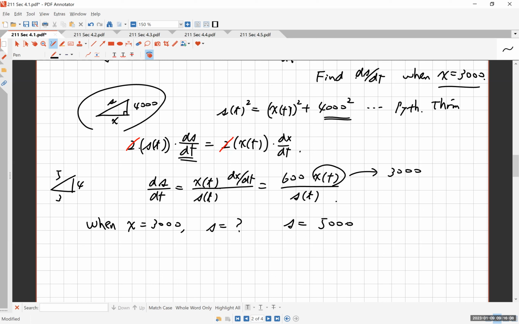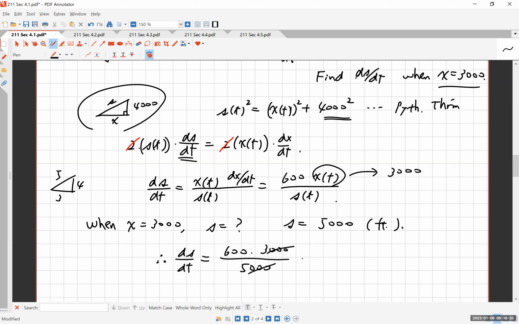Or you can say 3,000 squared plus 4,000 squared equals 5,000 squared. So that part is not too bad. Therefore, ds/dt at this point when x is 3,000 is 600 times 3,000 over 5,000.